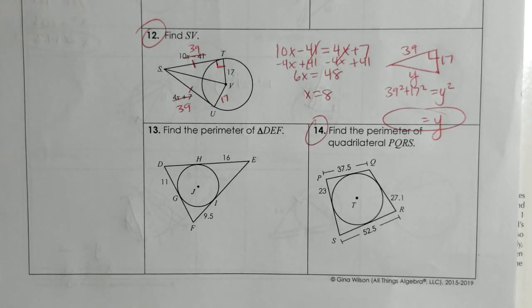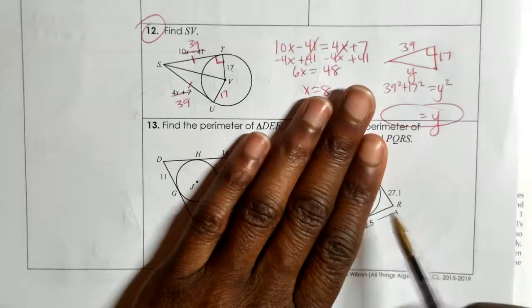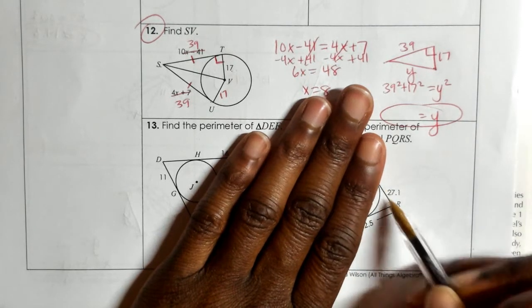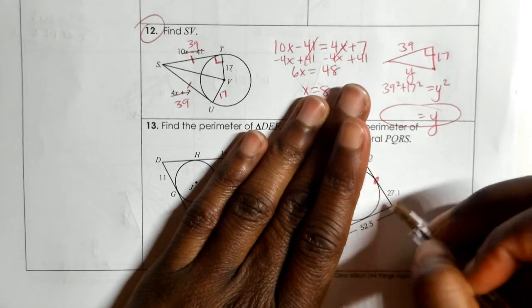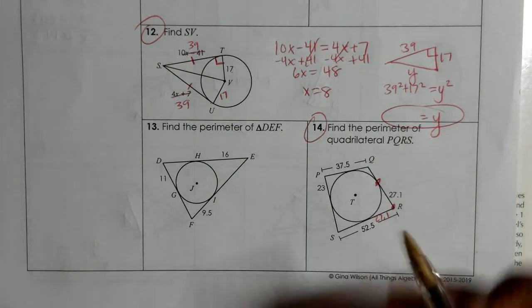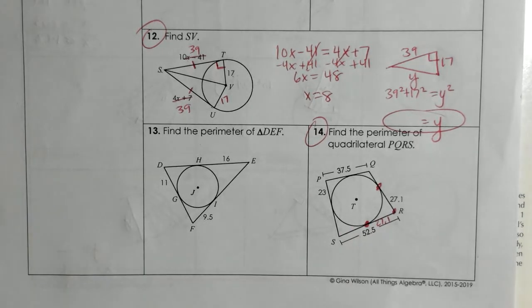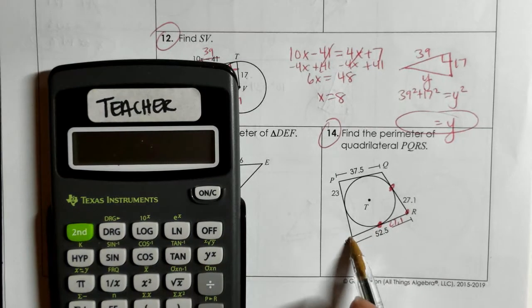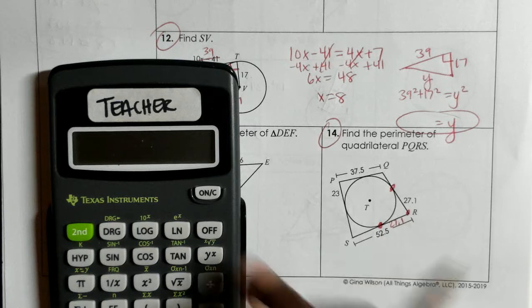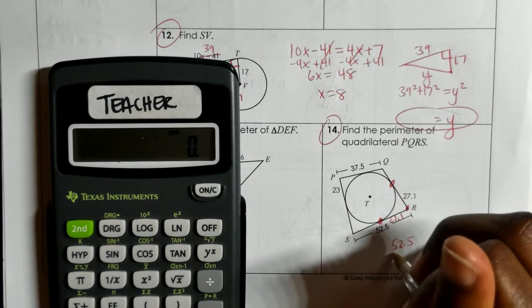Okay, for 14, find the perimeter of the quadrilateral. To do that, remember every two that are drawn to the same point are equal. So if this is 27.1, and that's talking about from here to R, then this part is 27.1. This whole line is 52.5, so to get from this point to S, they have to total 52.5, so we'd subtract 52.5 minus 27.1.